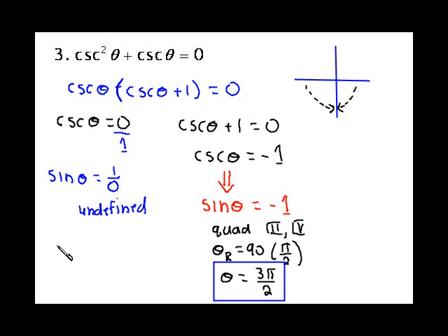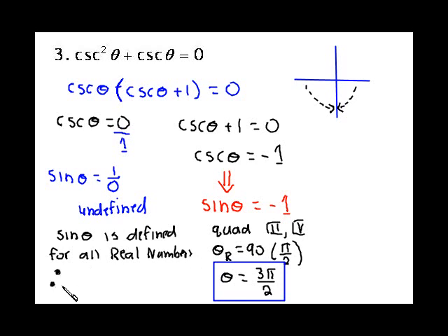And because it's undefined, 1 over 0, we look for places where sine is undefined. And sine is not undefined at any point in the entire rotation. So sine theta is defined for all real numbers.